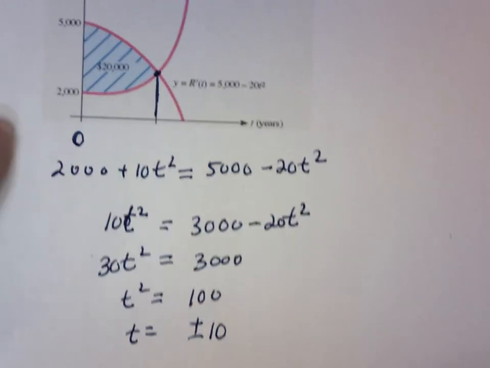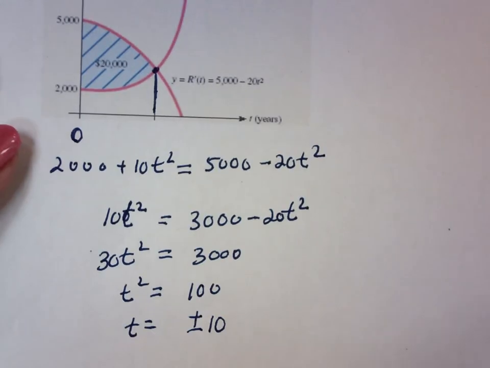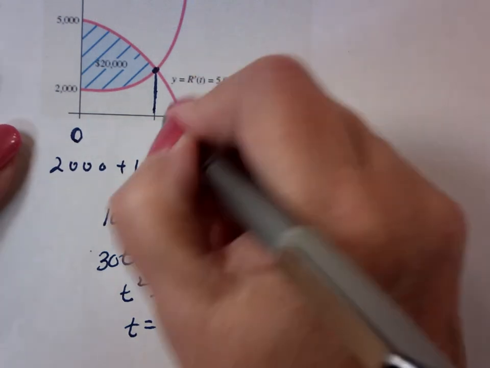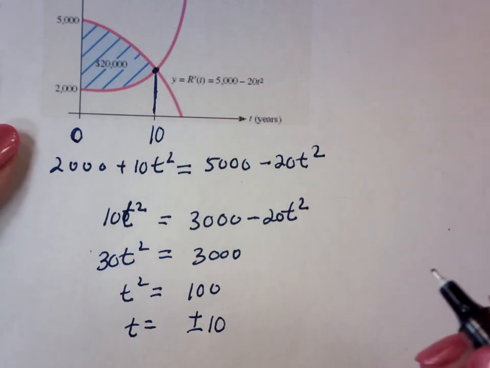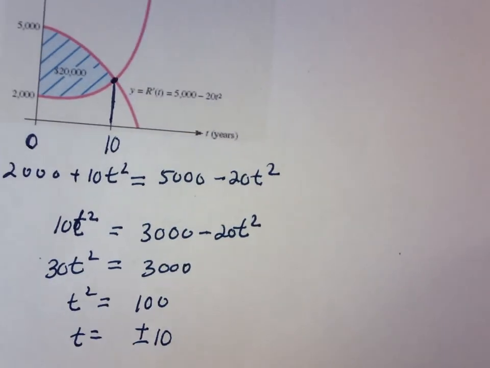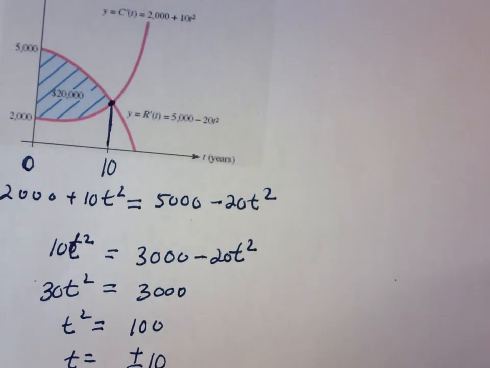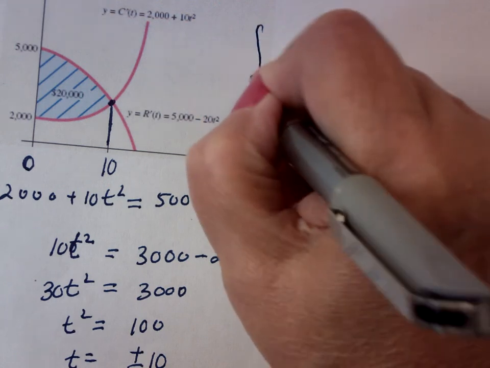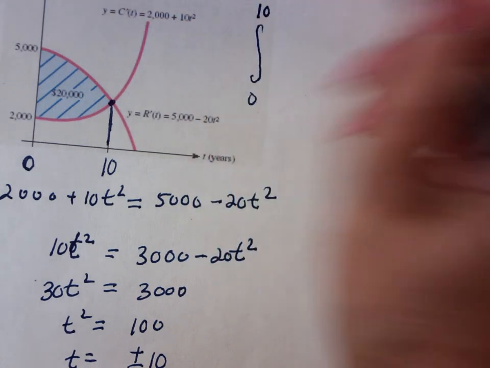What am I not interested in? The negative 10, because this tells me that the t value here is 10. So now I know. This is the integral from 0 to 10.